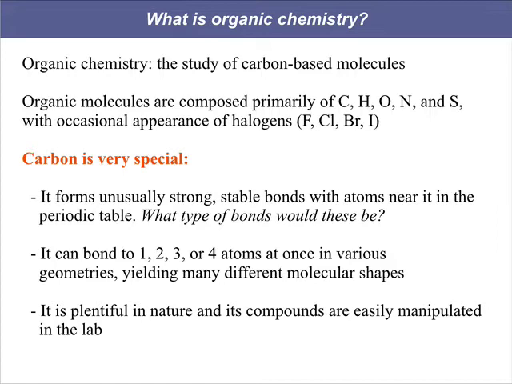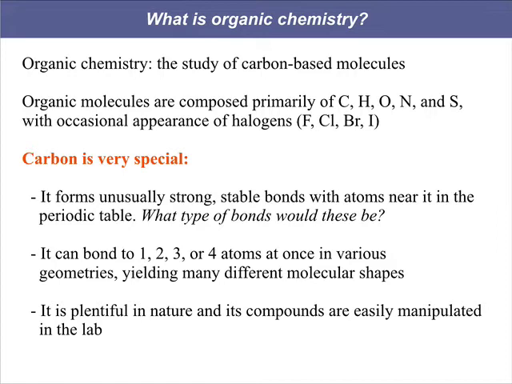Okay. So carbon is really special. Like we said, it forms unusually strong and stable bonds with atoms that are near it on the periodic table. So if you think about it, what type of bonds would these be? Carbon is on the top right of the periodic table, and it's making bonds with atoms near it. So we're making bonds between nonmetals and other nonmetals, right?